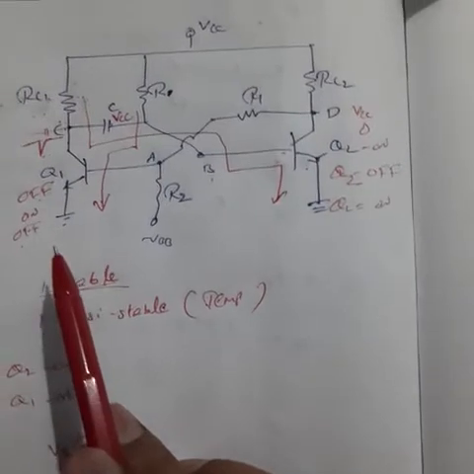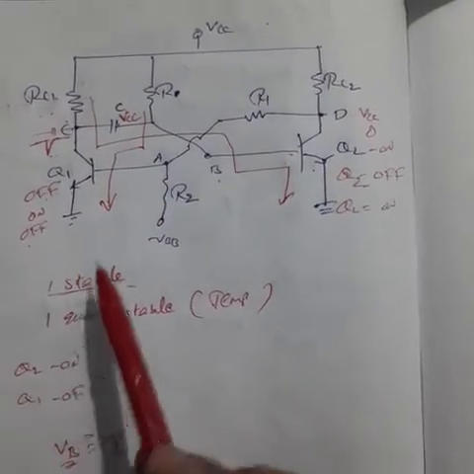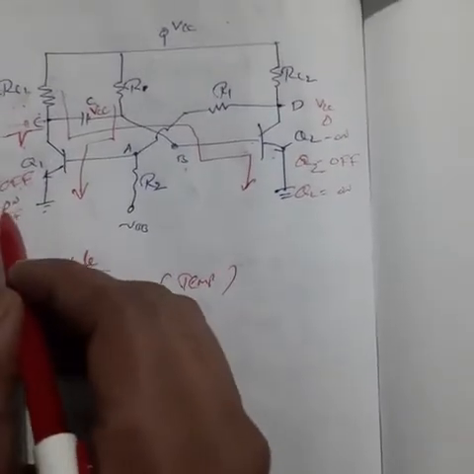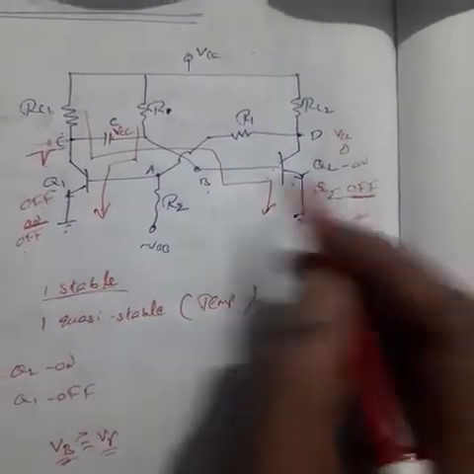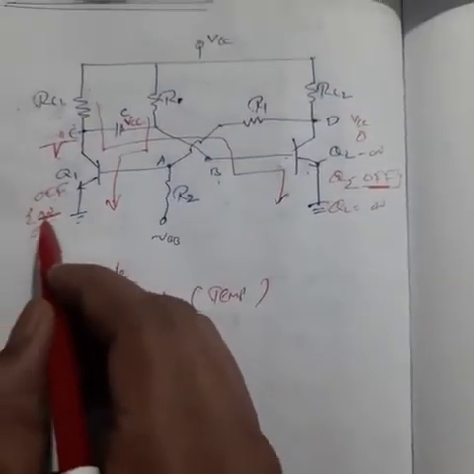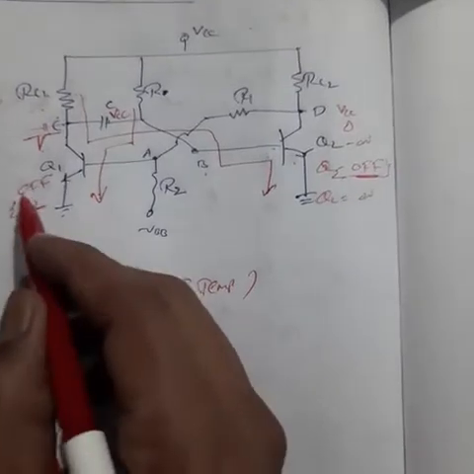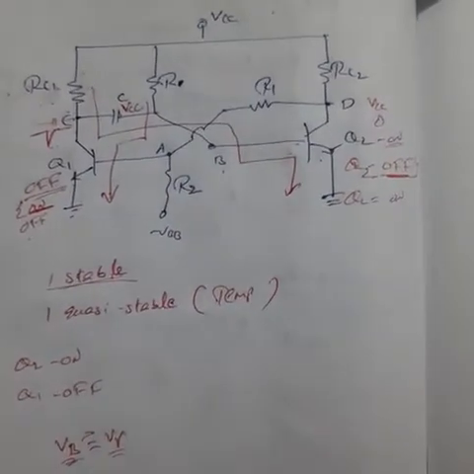Again, it enters the stable state condition. Temporarily, it remains in the Q2 off, Q1 on condition. This is the temporary stable state, called the quasi-stable state. Next, Q1 off, Q2 on. This is the permanent stable state.